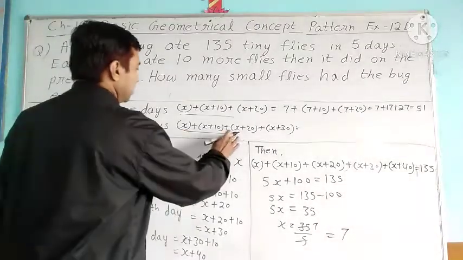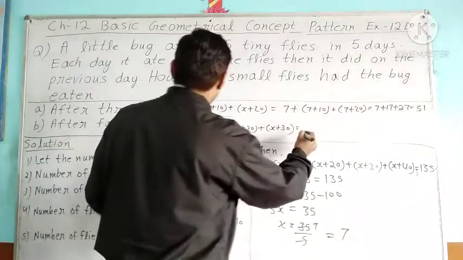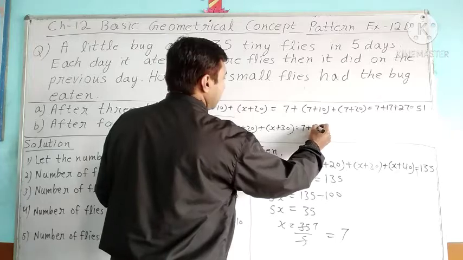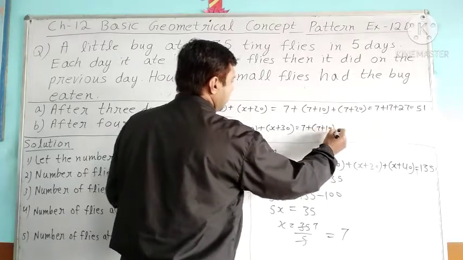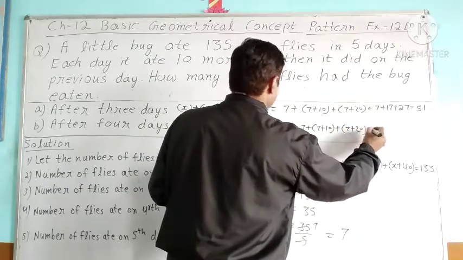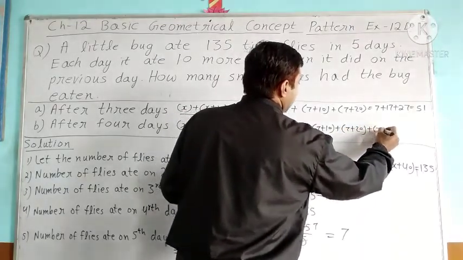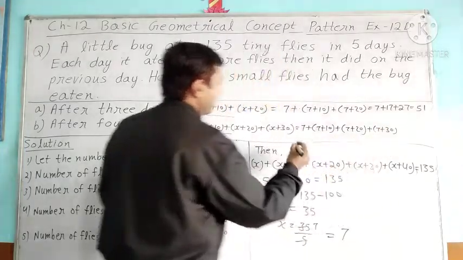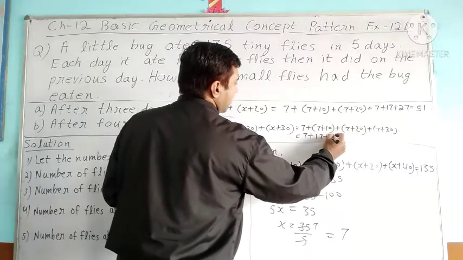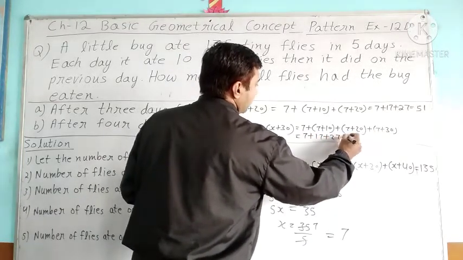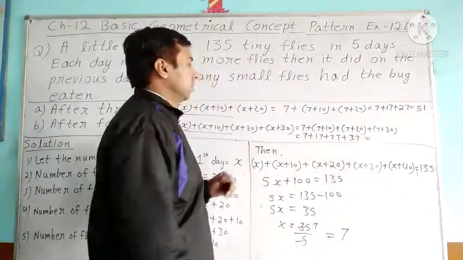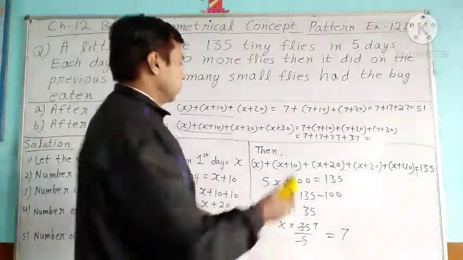See here, 7 plus 7 plus 10 plus 7 plus 20 plus 7 plus 30. Very easy. 7 plus 17 plus 27 plus 37. Add it, you will get your answer.